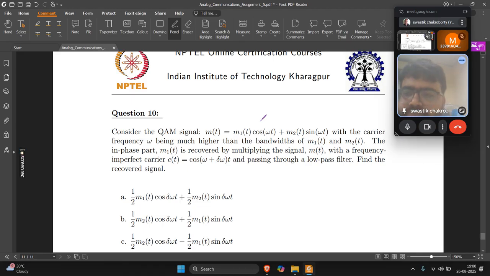The local oscillator is not 100% accurate, so you will have some inaccuracies in reproduction of the carrier frequency.